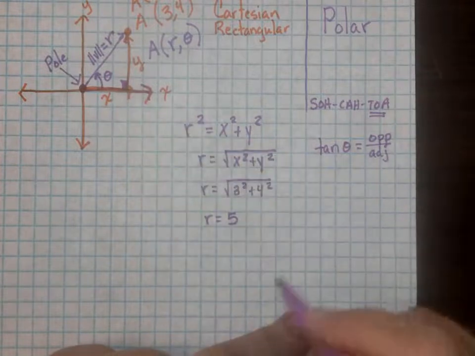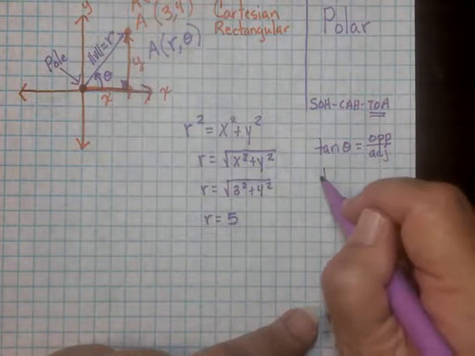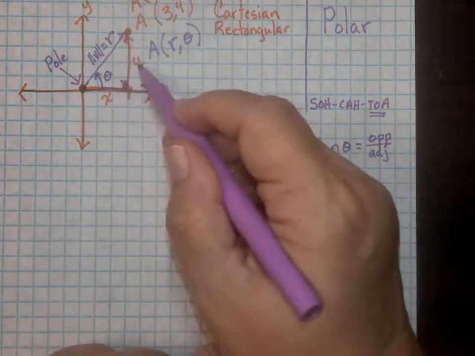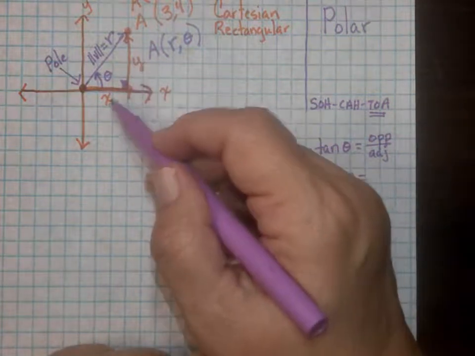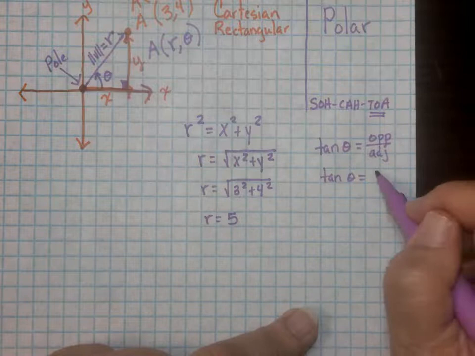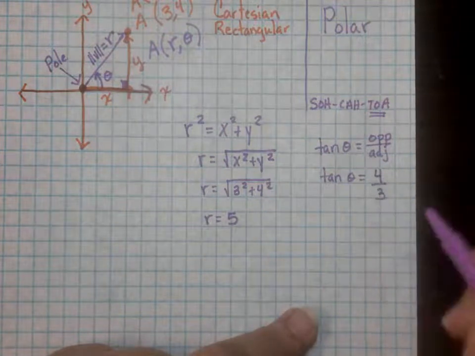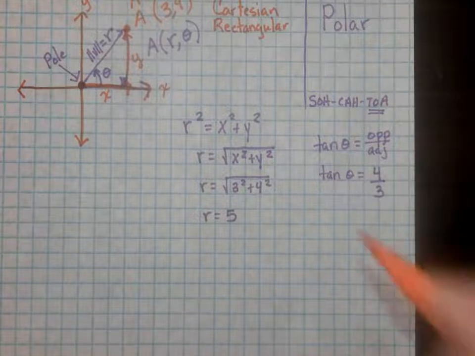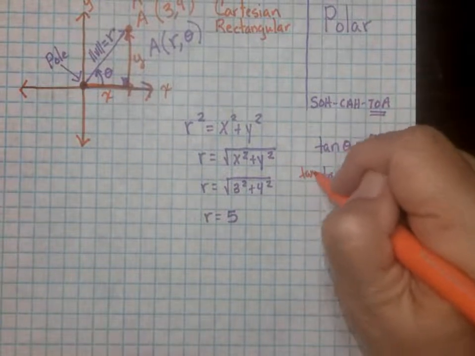So for this particular problem, the tangent of theta would be my opposite side, which is 4, over my adjacent side, which is 3. And then I would take the inverse tangent of both sides.